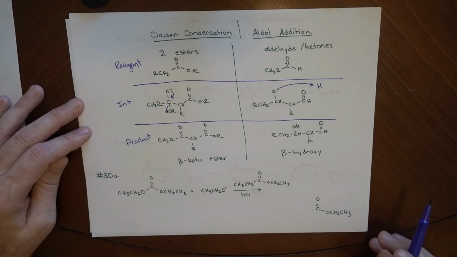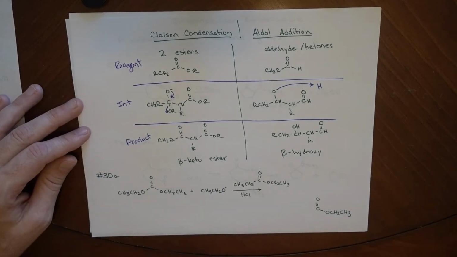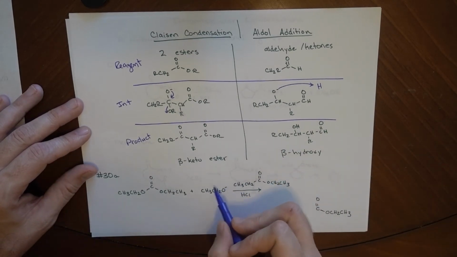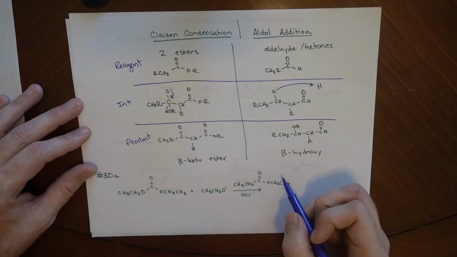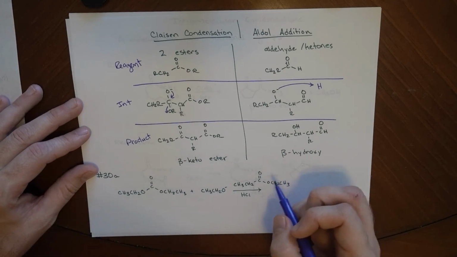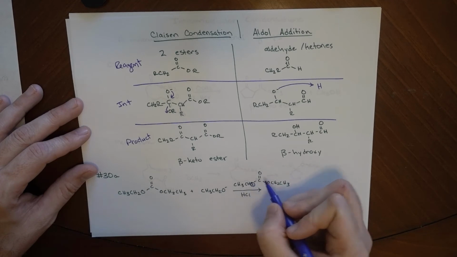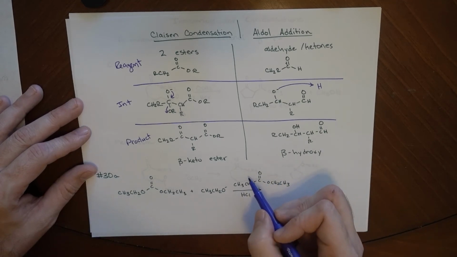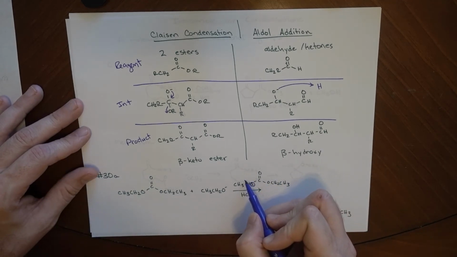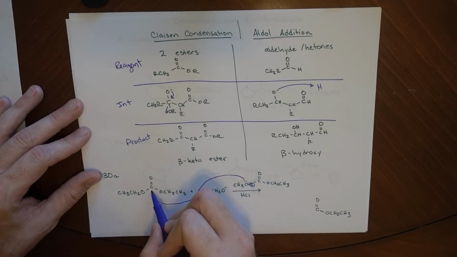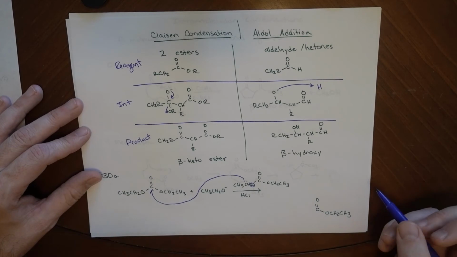So let's take a look and see. This is problem 30A out of Bruce. So basically, we've got this base right here. And what that'll end up doing is there are no alpha carbons here on this one. So this is going to abstract this hydrogen here. And then once it's got its negative charge, this acts like a nucleophile, and it's going to end up adding here at this one.